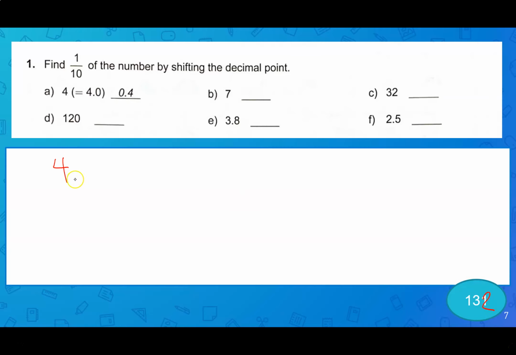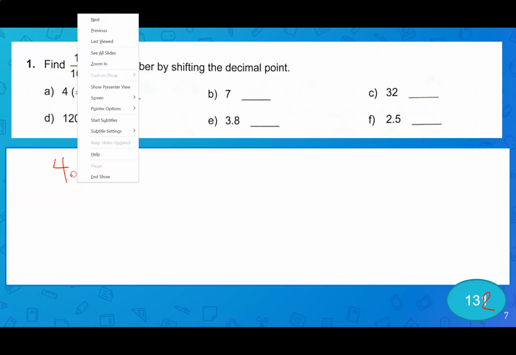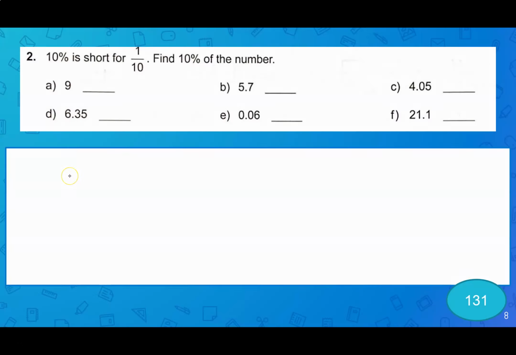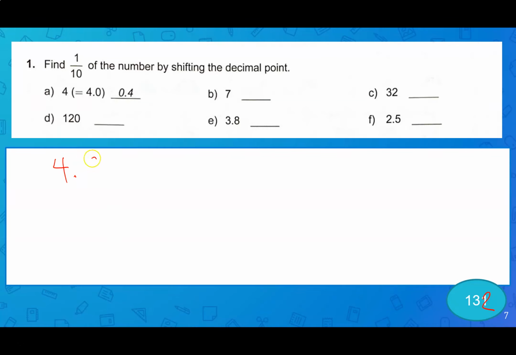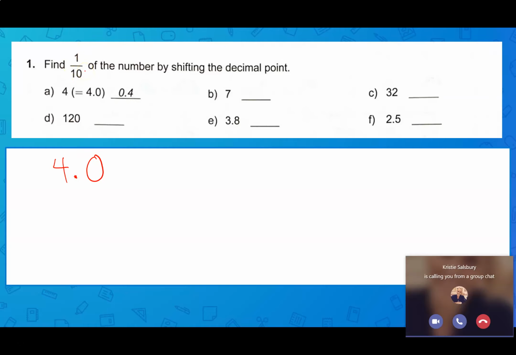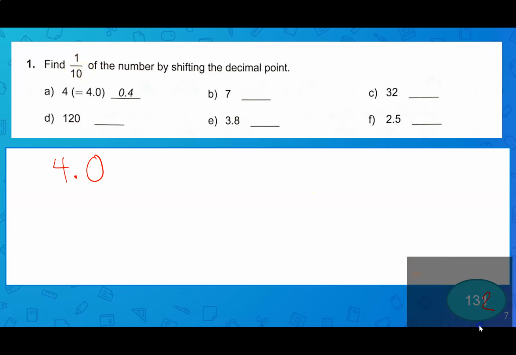So we know that 4 is the same as 4.0, that hasn't changed the value, and 1/10 is equal to 0.10.